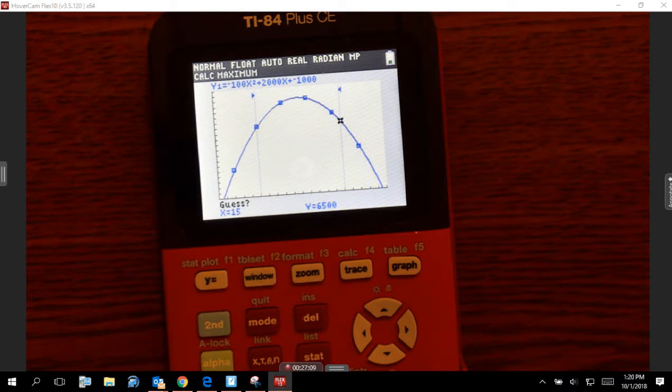The calculator's like, don't make me do all the work. At least guess. Give me an x value that you think. 10? Oh, it is the maximum. We guessed right. It doesn't always happen. So our maximum is 10, 9,000. So what does that mean for this problem?